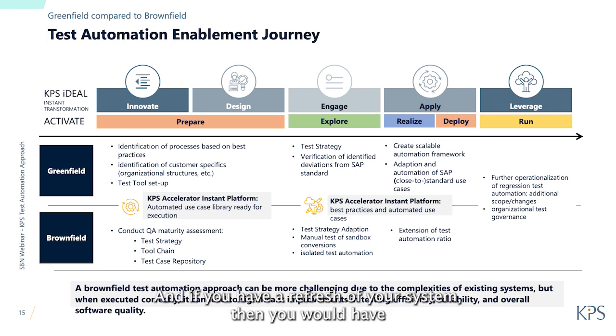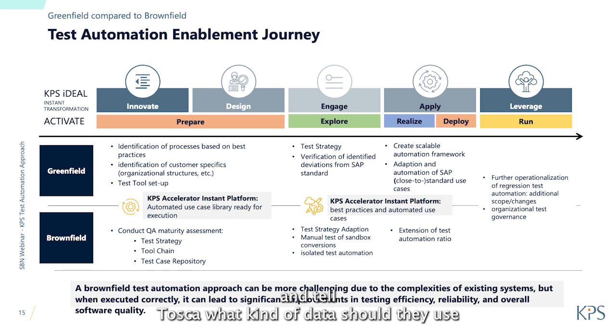If you have a refresh of your system, before you start with the automation again, you have to renew the data set you want to use, and tell Tosca what data it should use, and then it picks the data from the data container.